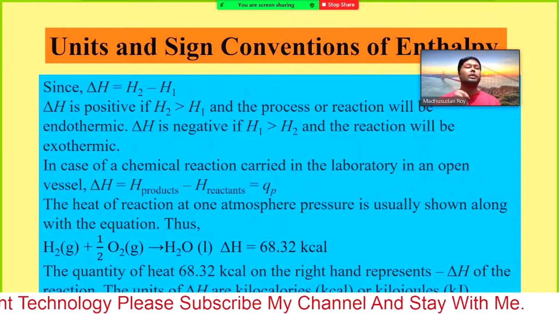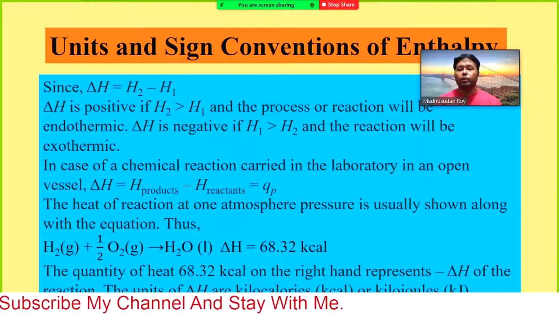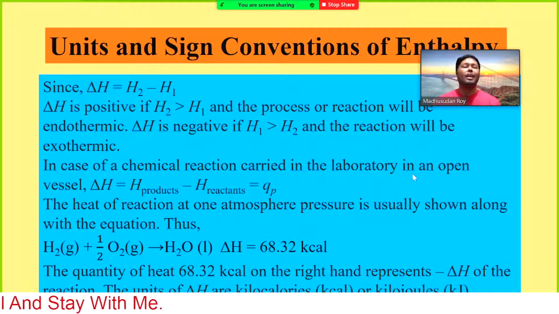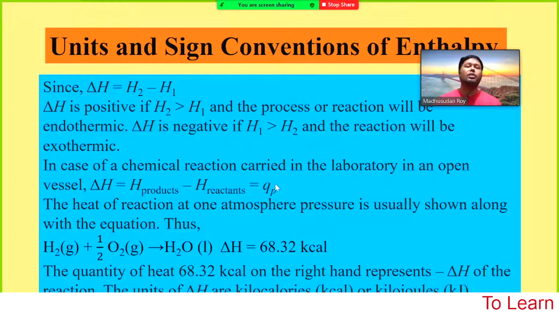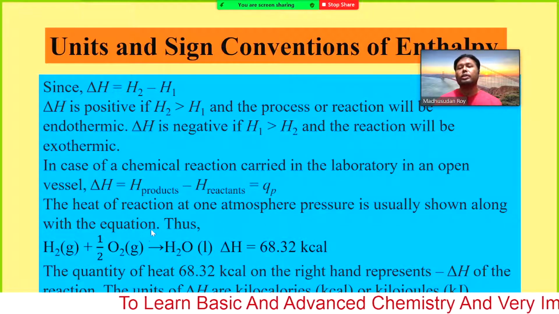So we can consider that system as at constant pressure. Delta H equal H products minus H reactants. So QP, the heat of reaction at atmospheric pressure, is usually shown along with the equation.